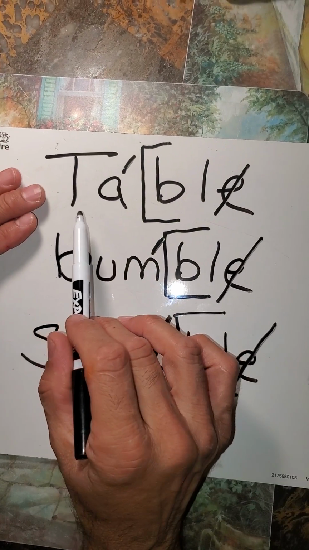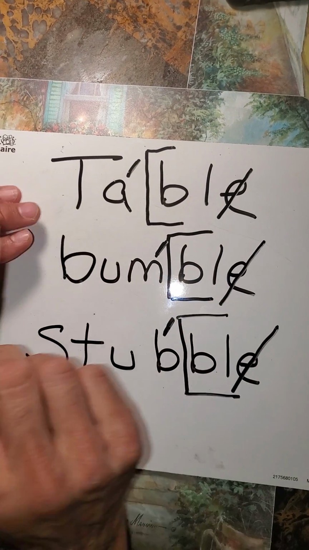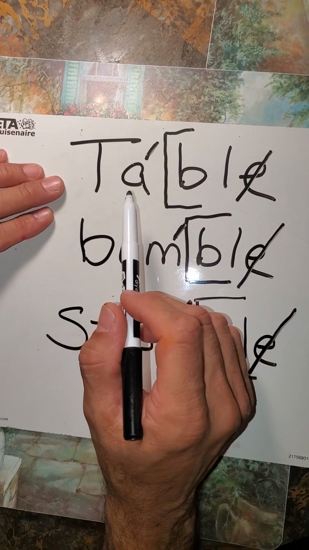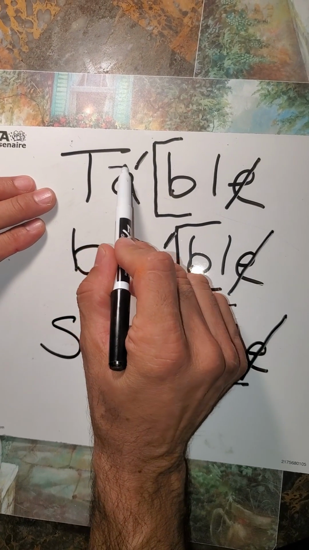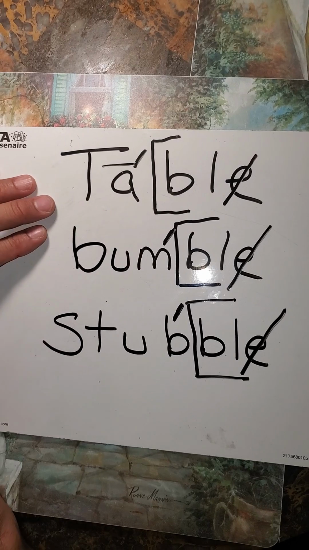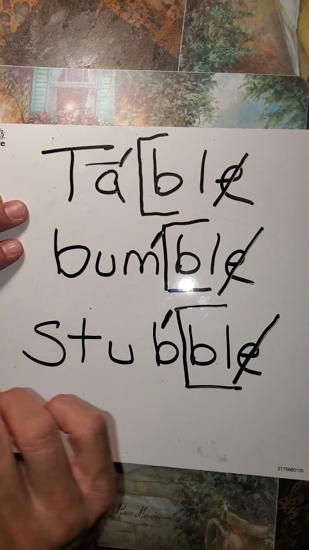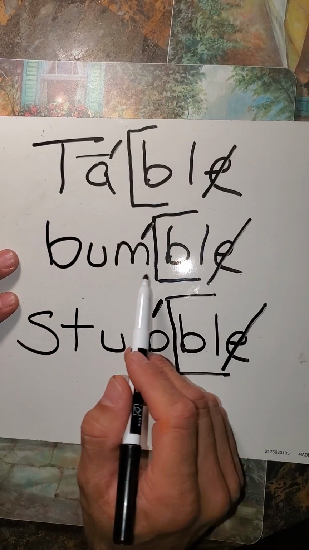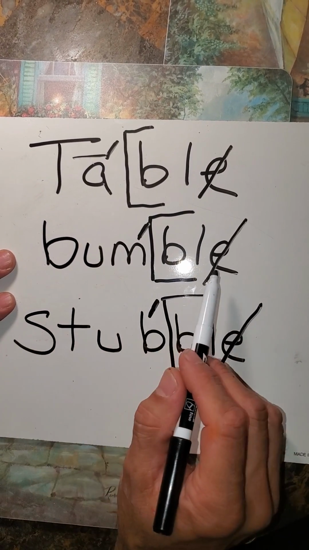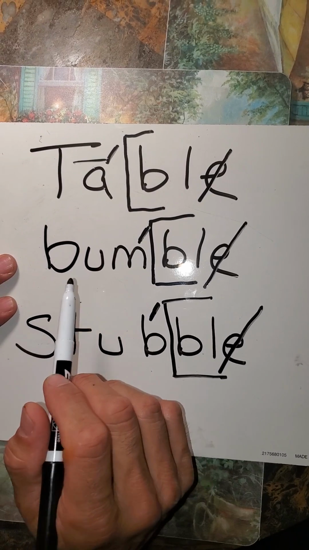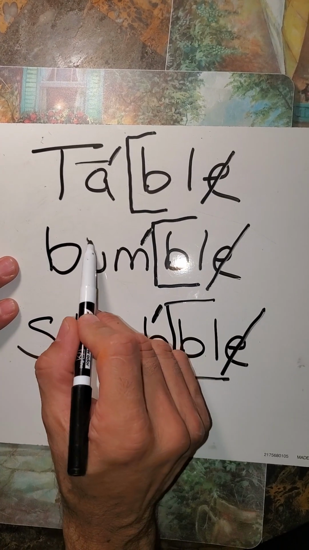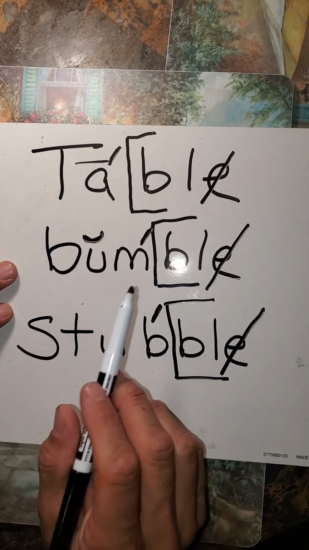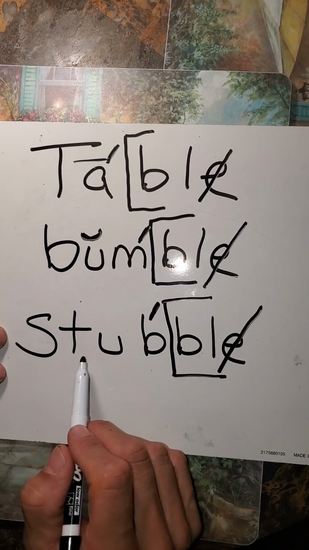Let's begin with table. Tay sounds like the alphabet. That's going to be tay, a long symbol there. That's going to be a macron. Next, we're going to do bum, bum. That's a short sound, so we're going to code that one with a breve, short sound. Let's go to the next one.